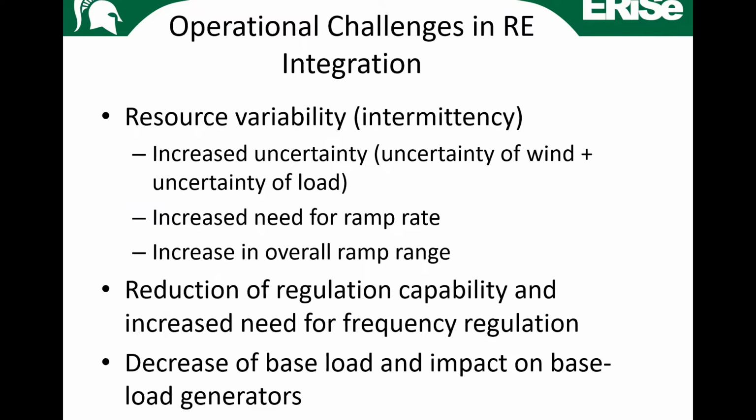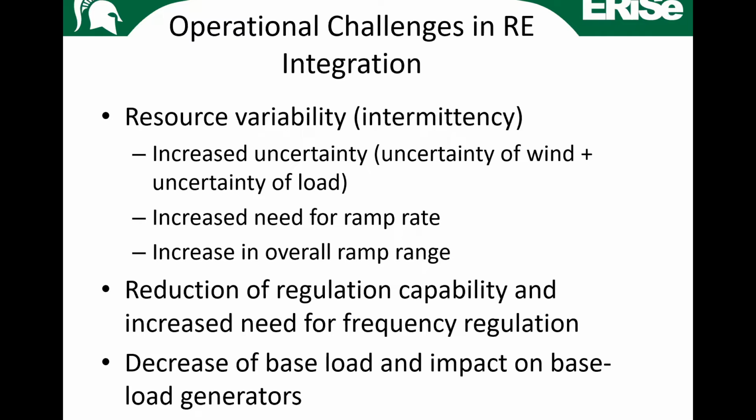Let's talk a little bit about some of the operational challenges in renewable energy integration. Most of you are aware that resource variability is also known as intermittency, or the new word is stochasticity of these resources like wind and solar, and it poses a challenge in integration.